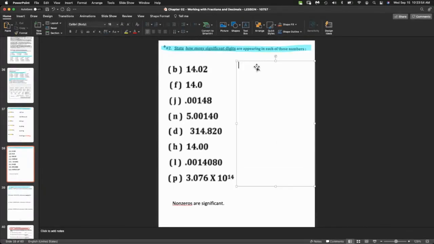Because I do have a better way of doing it from my own notes from another course that I teach. But anyway, this is 4 significant digits. The reason it's 4 significant digits is because the zero is sandwiched. What I mean by sandwiched is it's in between two non-zeros.